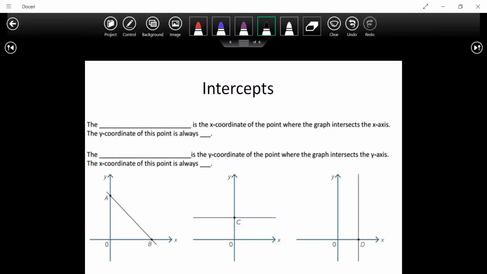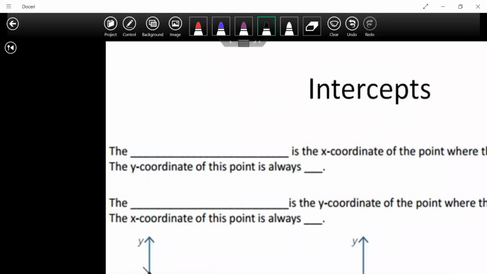Blank is the x-coordinate of the point which is graphed on the x-axis. We will refer to that as the x-intercept. Our y-coordinate point is always going to be 0.